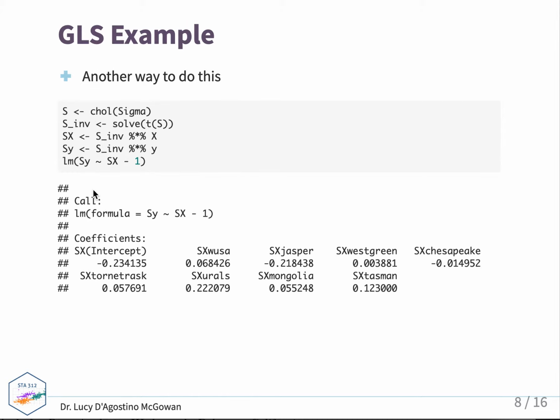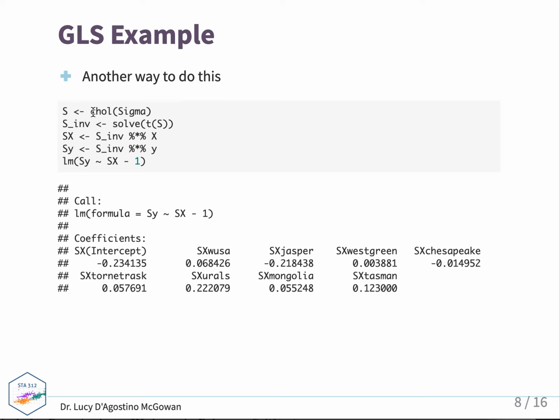Now there's another way to do this using the S matrix that we had talked about in class as well, and you also derived parts of this. That S, again, is like taking the square root of sigma using a decomposition method.